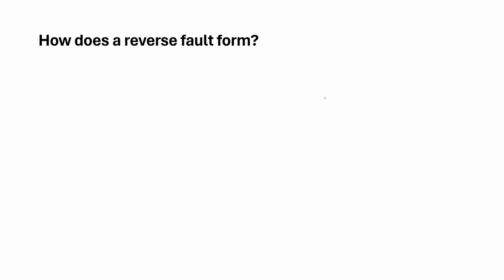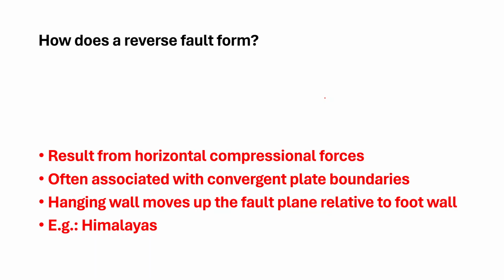So yes, as Kaushala has given, it is the compressional forces. It results from horizontal compressional forces. If you have a block which has a fault line, and you compress it from both sides, then the movement associated with that will be a reverse fault.